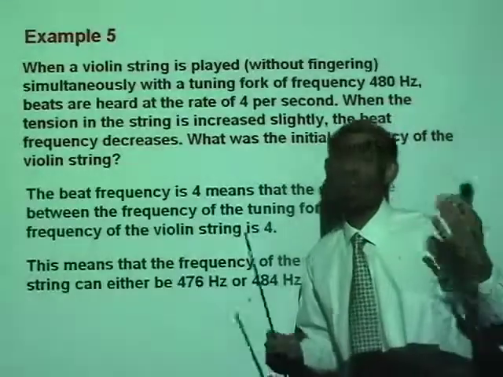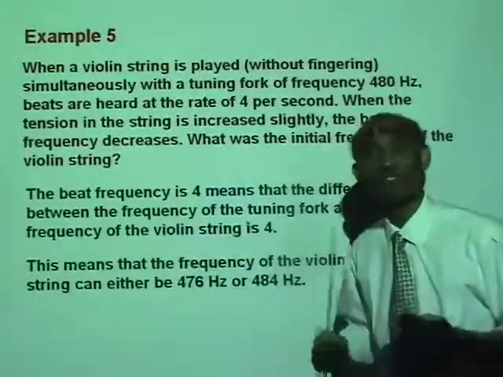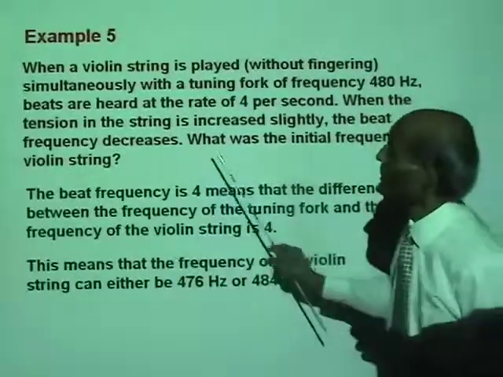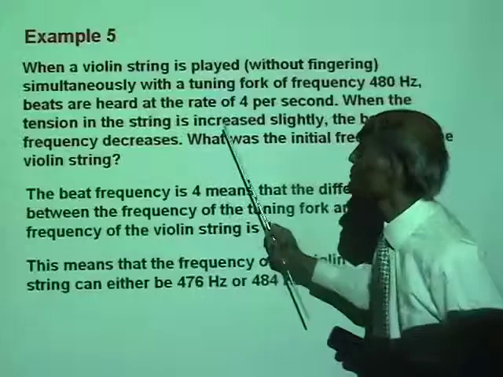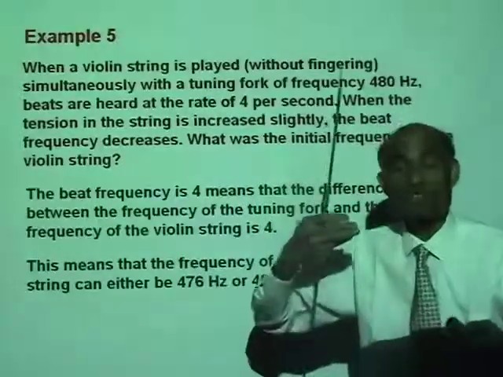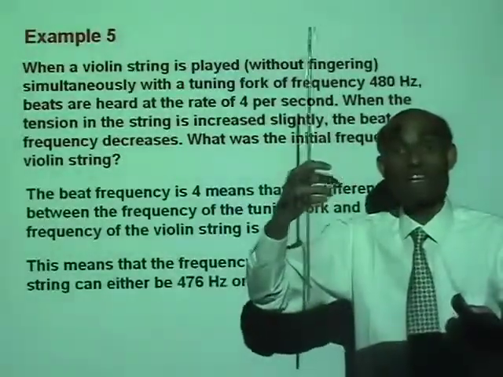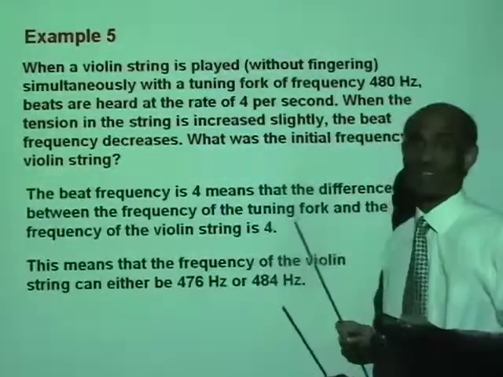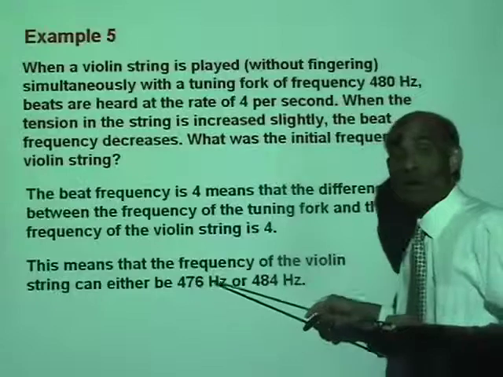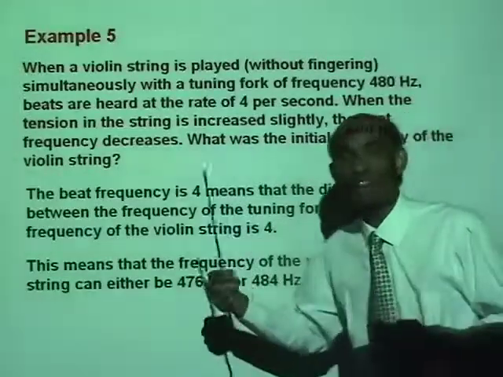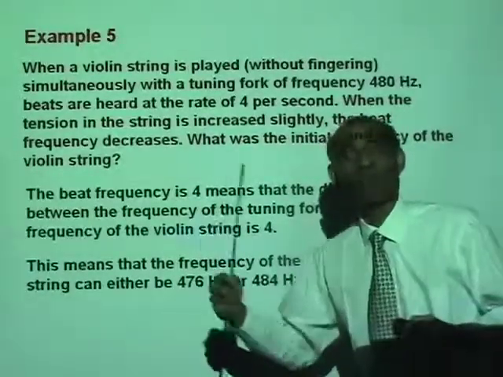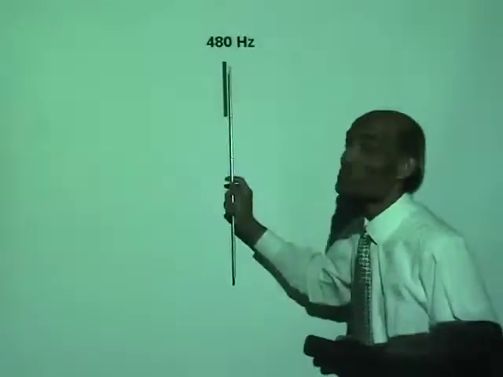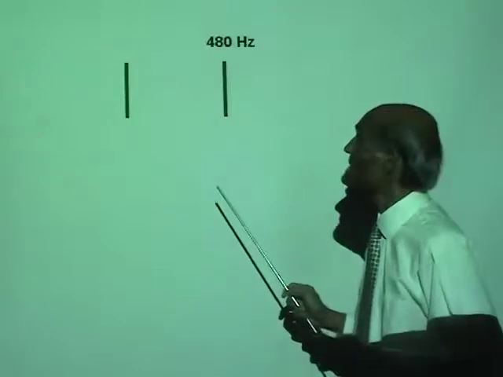Now we have to decide which is the actual frequency of the violin string before tuning. When the tension in the string is increased, the frequency of the violin string is increased, and the beat frequency decreases. So can you tell me which of these is therefore the actual frequency of the string before tuning? Well, this is the frequency of the tuning fork, 480.